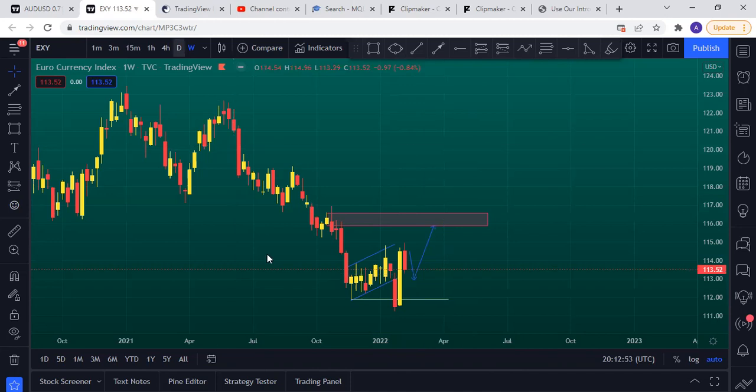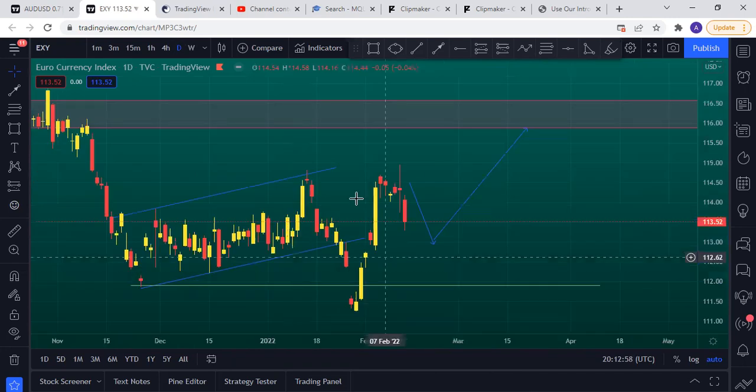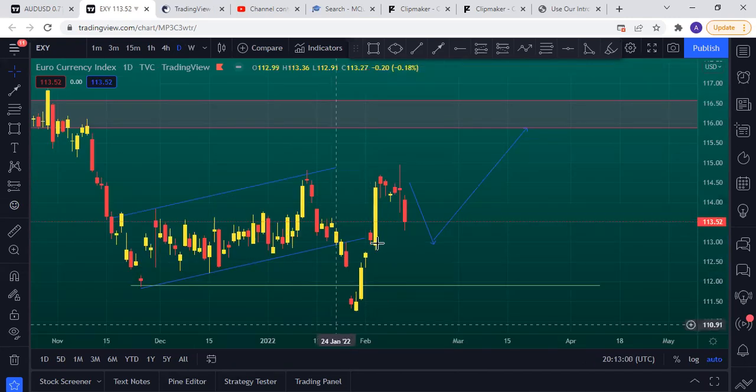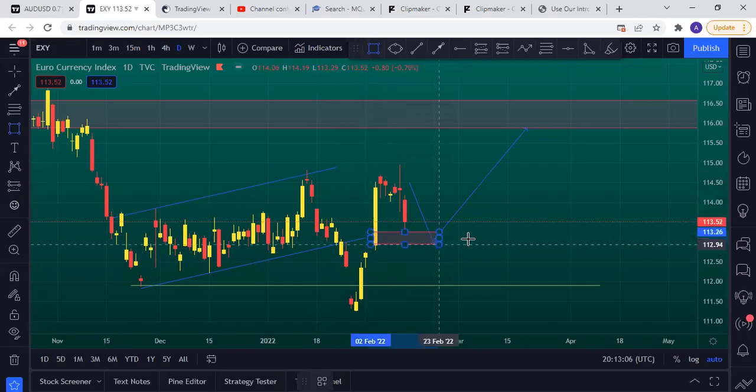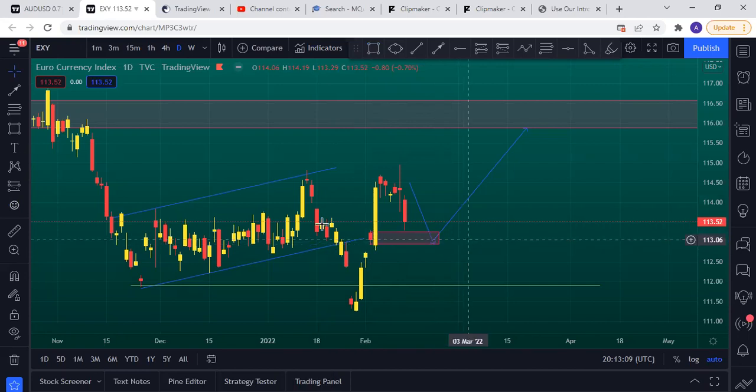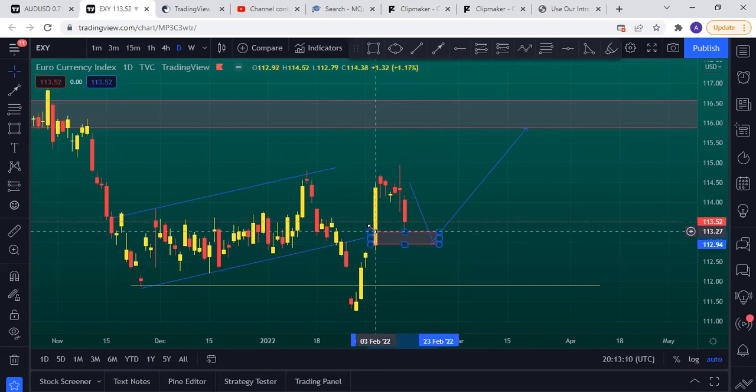But on the overall, I think that EXY might still be bullish because on the daily time frame, this impulse is quite strong. So we might be seeing something like this.